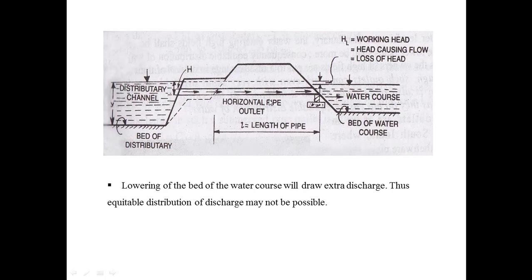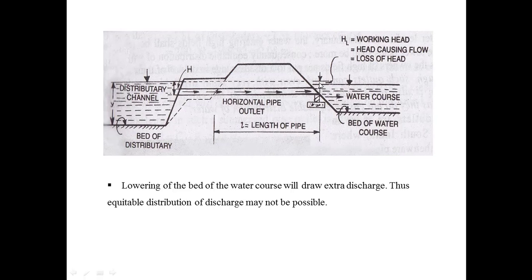As you can see in the figure, this is the bed of the distributary and this is the distributary channel. This is the bed of the water course. We have to transfer water from here to there. So for this purpose we have provided a round pipe through which the water moves from here to here.